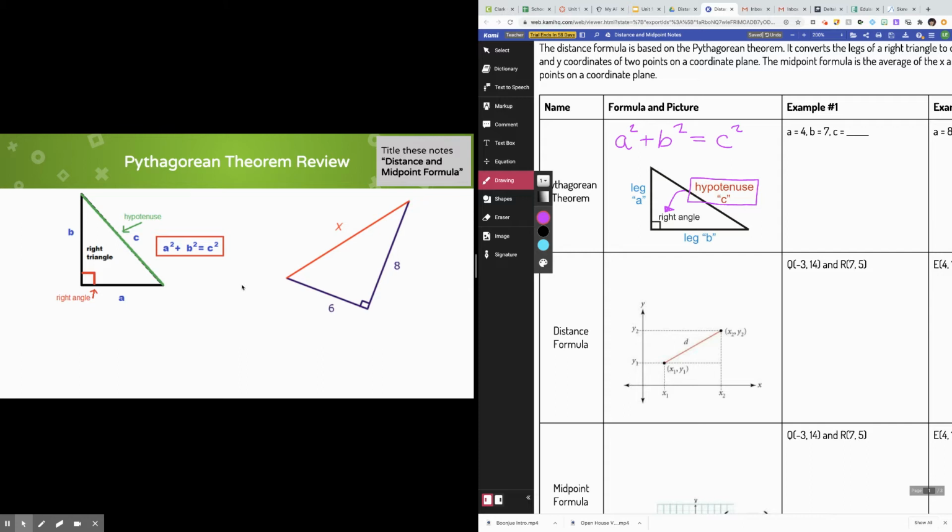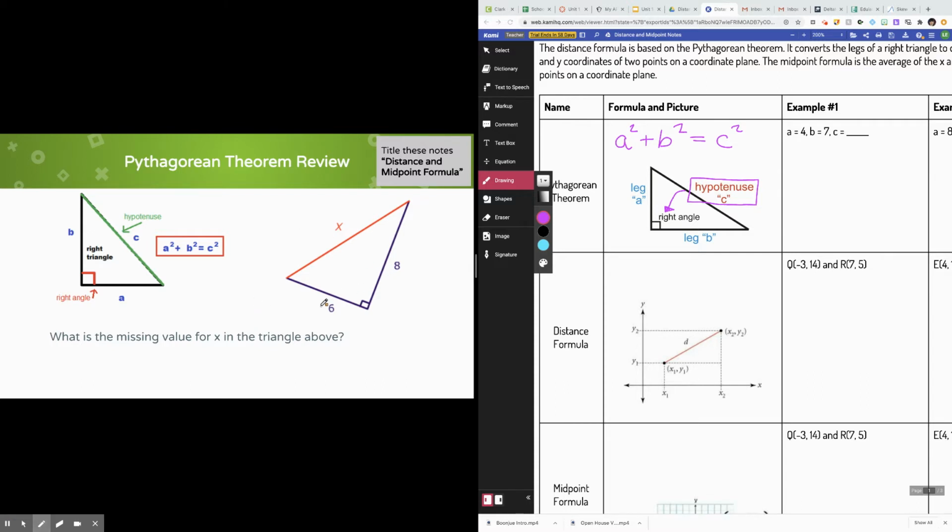So if you look on the left side of your screen, there's an example here with this triangle. You have one leg that's 6, one leg that is 8, and then your hypotenuse is x.